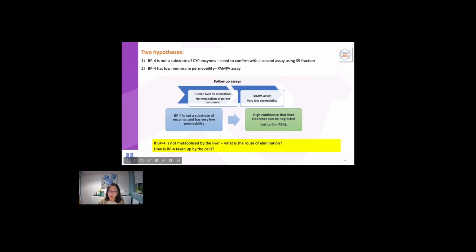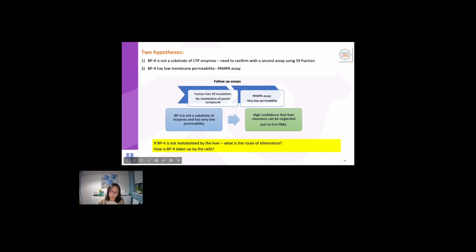And again, we found there's no metabolism of the parent compound. And then we also performed this PAMPA assay focusing on passive diffusion. It shows that BP4 has very low permeability through the lipid membrane. Based on both evidence, we can say that BP4 has very low liver clearance. So liver clearance could be neglected in the model.